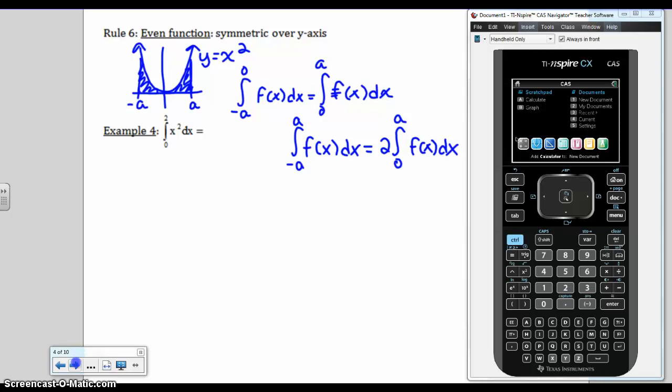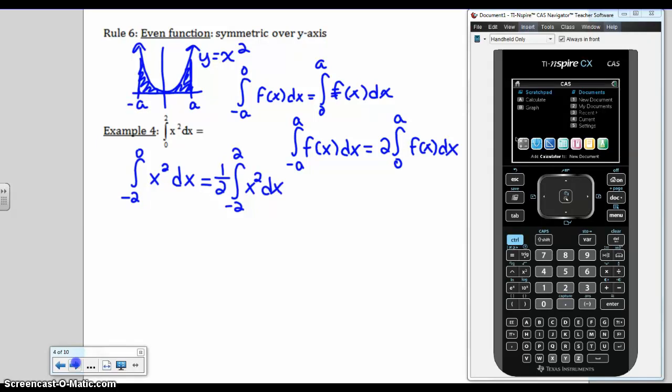So if we look at example 4, from 0 to 2 of x squared dx, that's going to be the same thing as going from negative 2 to 0 of x squared dx. It's also half of going from negative 2 to positive 2, because the 0 is half of the total area.